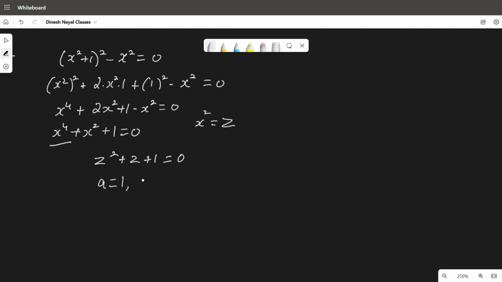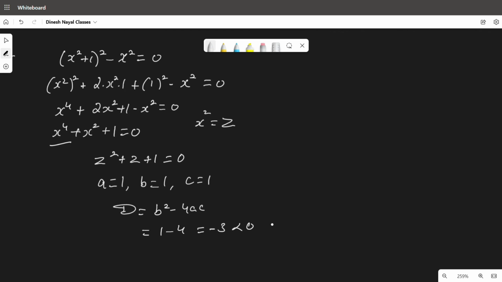A is 1, B is 1, C is also 1. Now finding discriminant D equals B square minus 4AC. Now 1 square minus 4 into 1 which is 4. So 1 minus 4 is minus 3 which is less than 0. So hence this equation has no real roots.